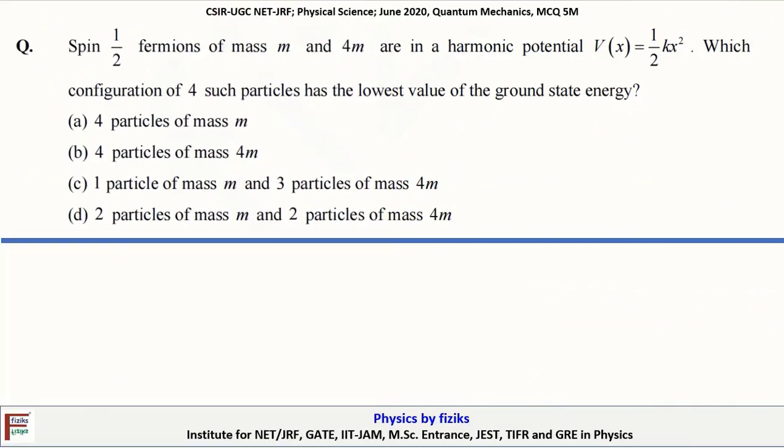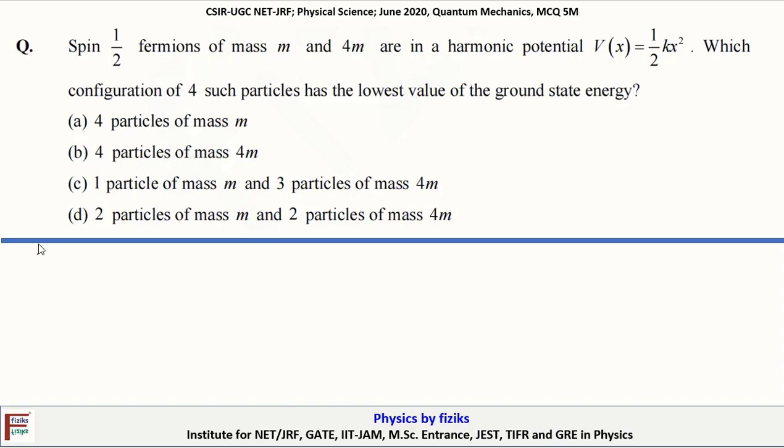In this problem, we have been provided a configuration of 4 particles of mass m and 4m, and we have to determine for which configuration the system has the lowest energy in the ground state. So let us determine the energy corresponding to masses m and 4m having potential V(x) equal to half k x square.